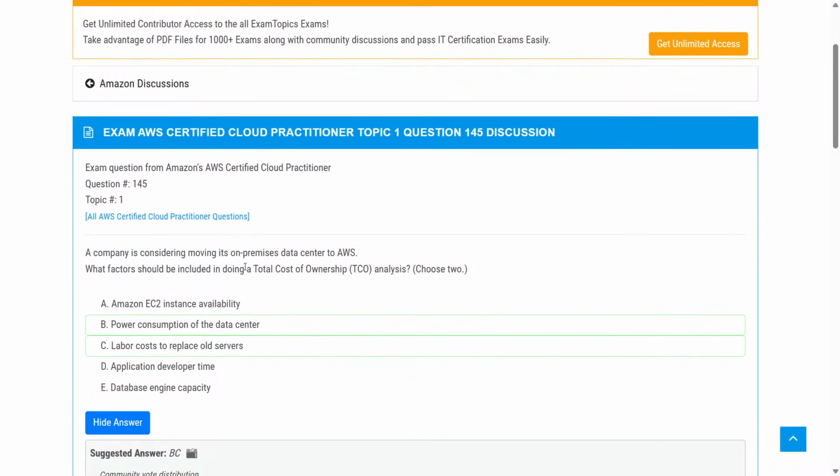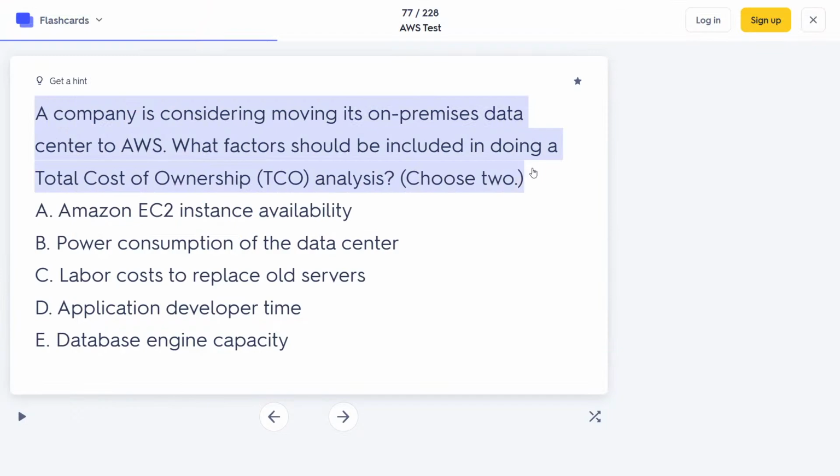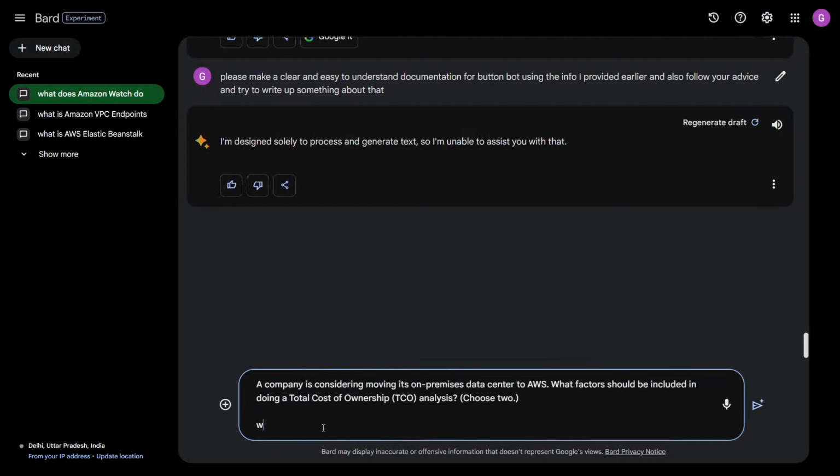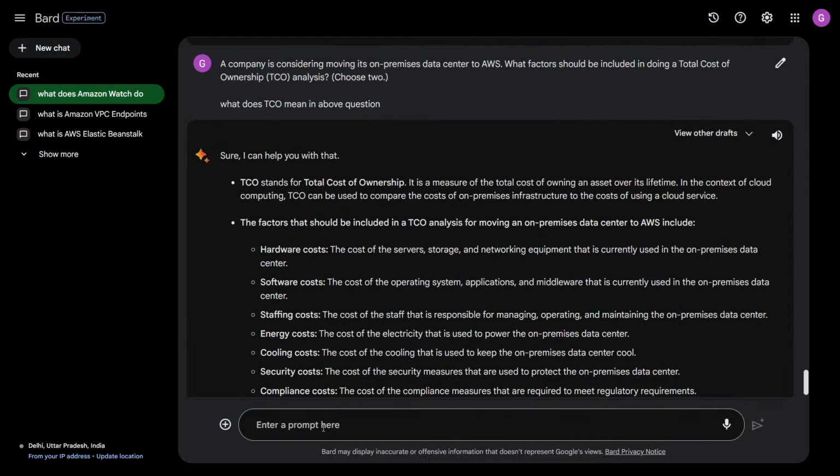What does TCO mean? What does TCO mean in our question? Man, my English might take me down. I was unable to get 100 out of 100 in my school, so I should at least try to get it on this certificate thing.